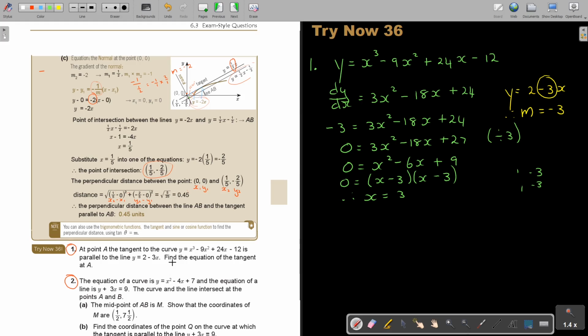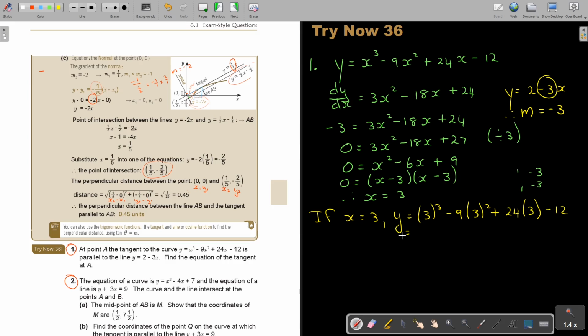Okay, now I must still find the coordinate point. So let's find the value of y. And don't forget, you always substitute into the original. I like to change colors, just for you to see better. So if x is 3, y is equal to 3 to the power of 3 minus 9 times 3 squared, plus 24 times 3, minus 12.